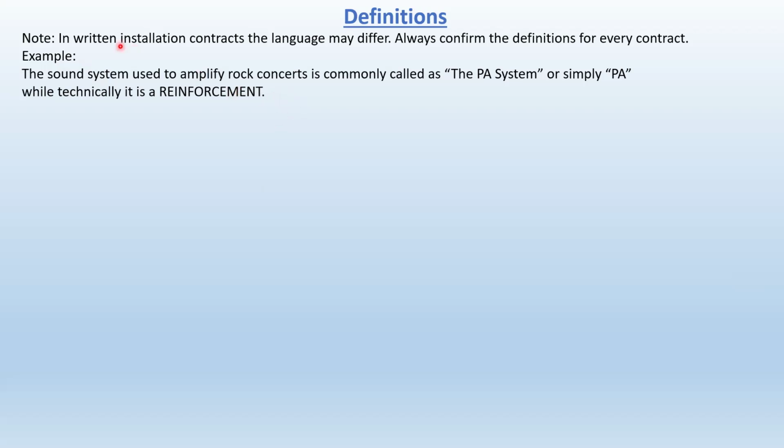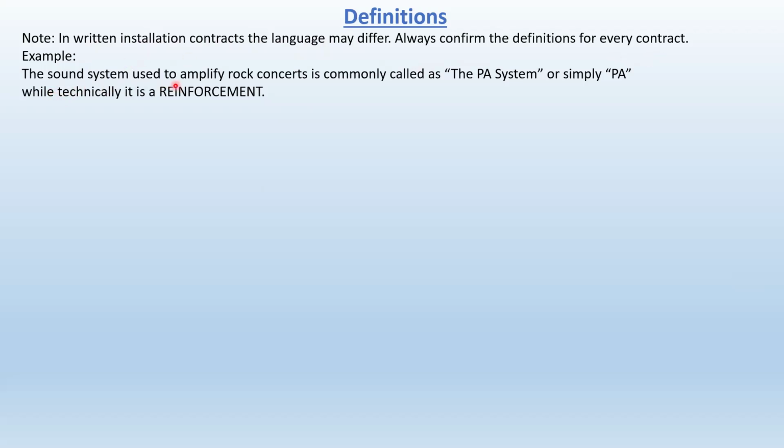So when you're dealing with contracts, make sure you have the same understanding of the terminology you use. In written installation contracts, the language might differ. Always confirm the definitions for every contract.